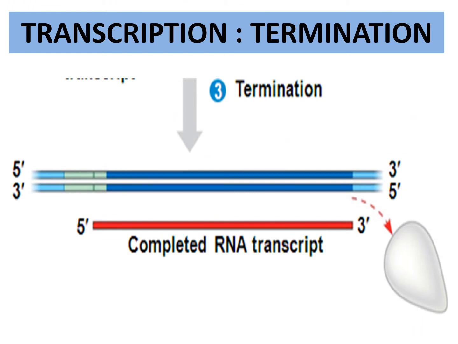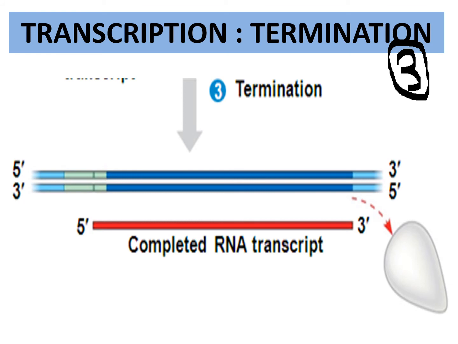We then come to our last phase of transcription, which is called termination. Termination means to stop. So we have got to now stop the process of transcription from taking place.